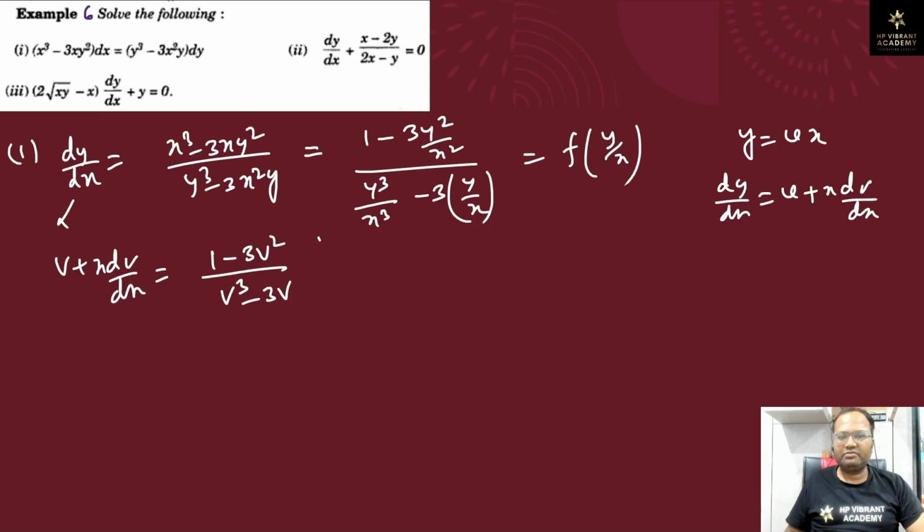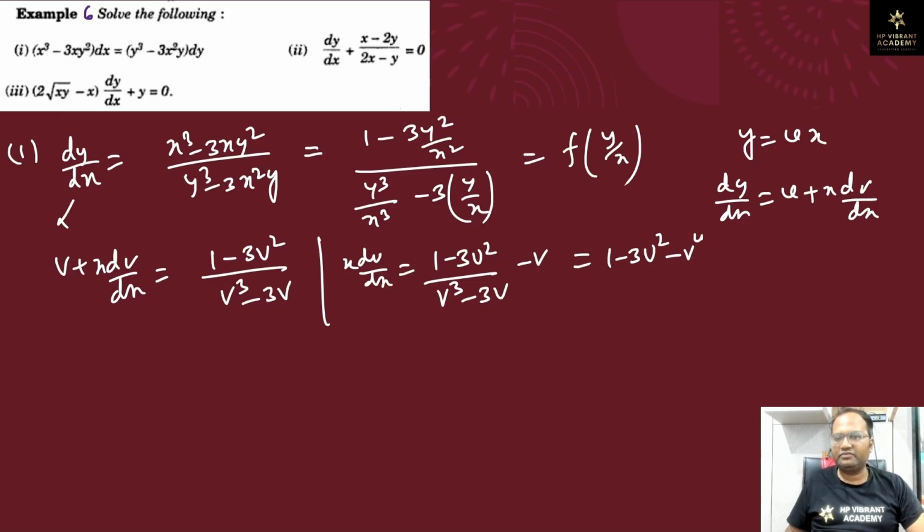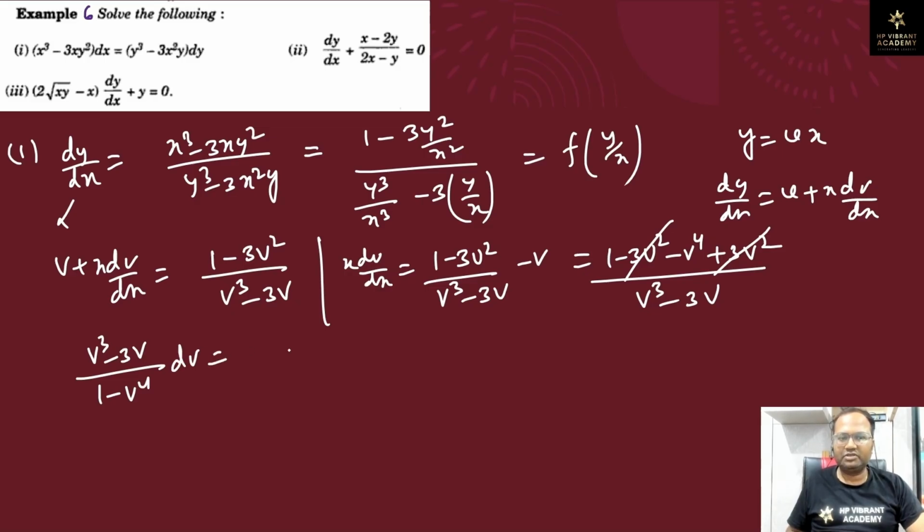So from here we have x dv upon dx is equal to (1 minus 3v square) upon (v cube minus 3v) minus v. So this is (1 minus 3v square minus v to the power 4 plus 3v square) upon (v cube minus 3v). So this gets cancelled. So from here we have (v cube minus 3v) upon (1 minus v to the power 4) dv is equal to dx upon x, integration.